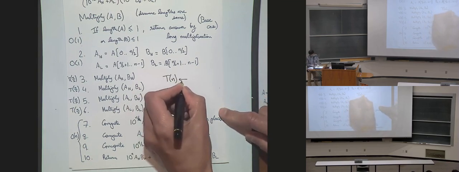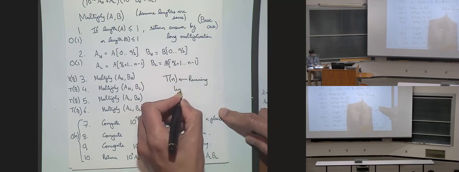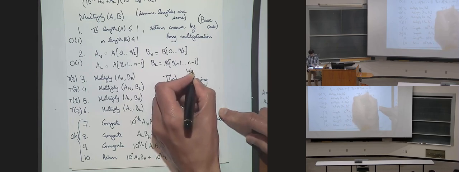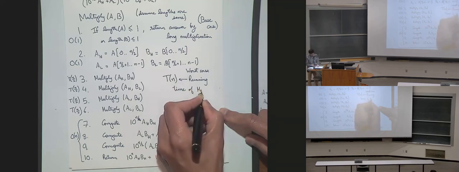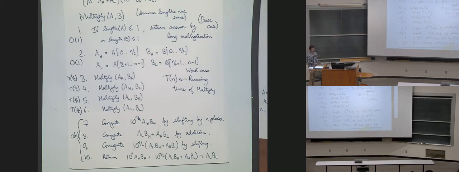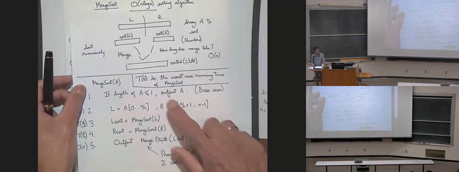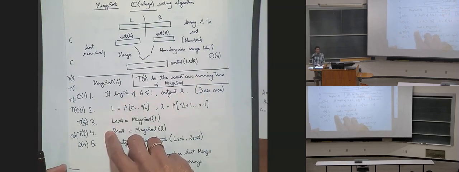What's T? T of n is the worst case running time of multiply. Right? I'm trying to figure out what the running time is. So I'm assuming, just like I did for merge sort, where I said T of n is the worst case runtime of merge sort and then tried to break up the runtime in this way.